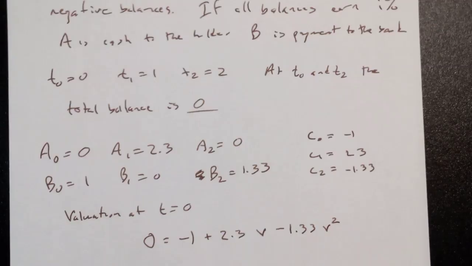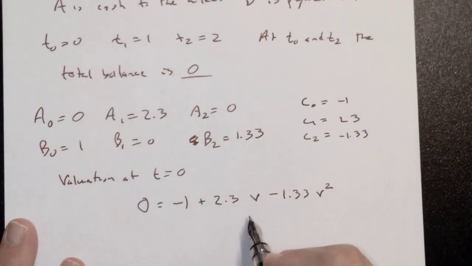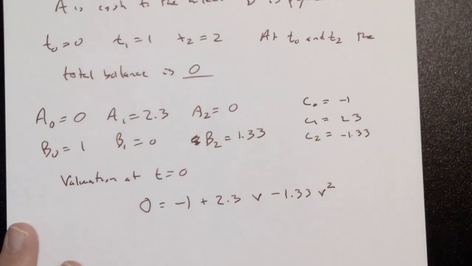Notice I've written this in V rather than in I. You could just as easily have written this 1 over 1 plus I and 1 over 1 plus I squared. But if I write it like this, it looks like a quadratic equation.